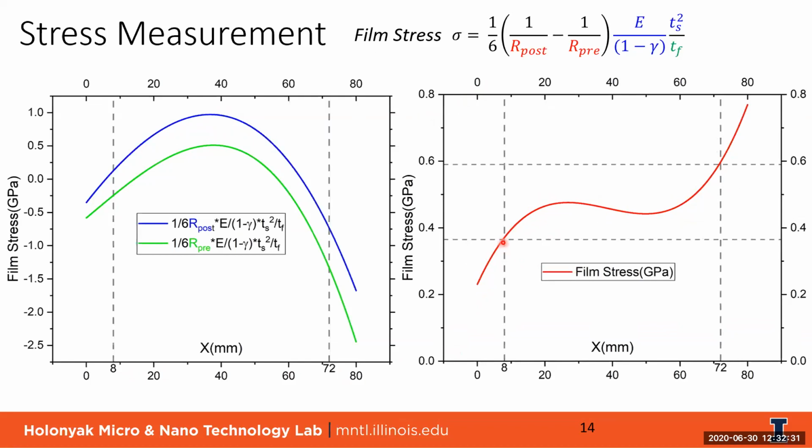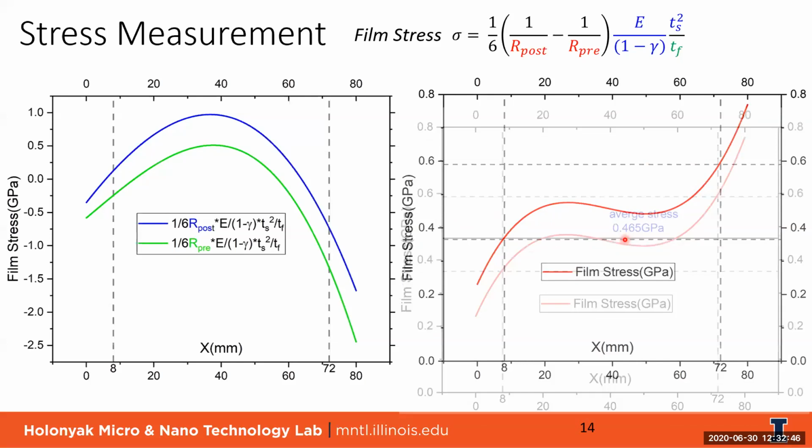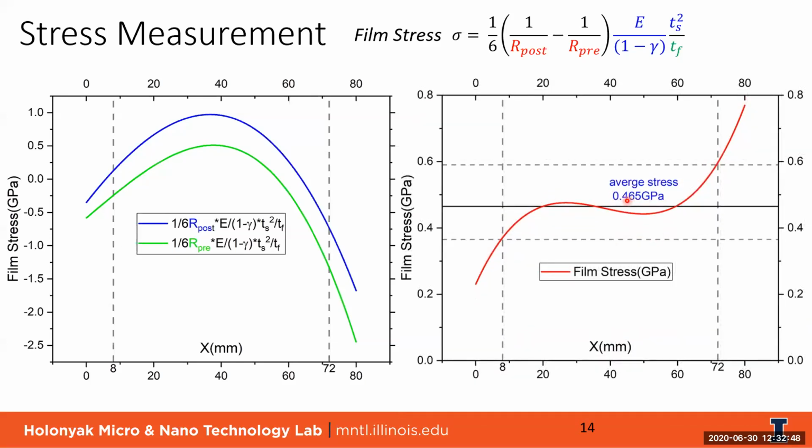We only focus on the data from 8 millimeter to 72 millimeter. So basically we have about 0.37 gigapascal all the way to about 0.6 gigapascal. And then we take the average, and the average we got is about 0.465 gigapascal. And this is tensile stress, it's positive.